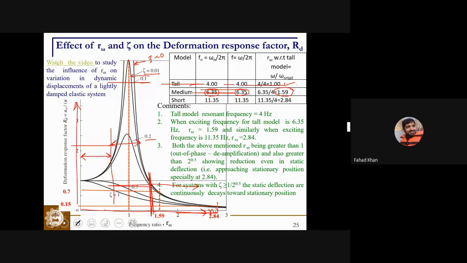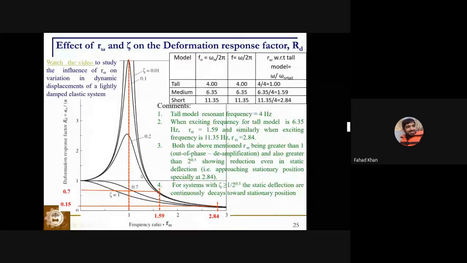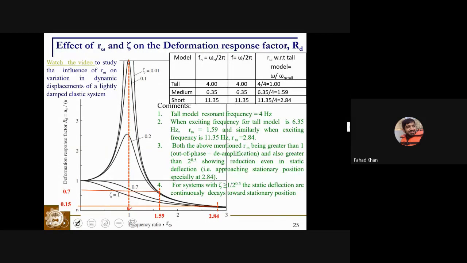At resonance condition, R by R omega value will be equal to 1, and so your maximum amplitude is going to be about 5 times the static displacement. This is the static displacement, and this is our dynamic displacement. So if this is 3, here somewhere it will be 4, and this point will be 5 on this graph here.